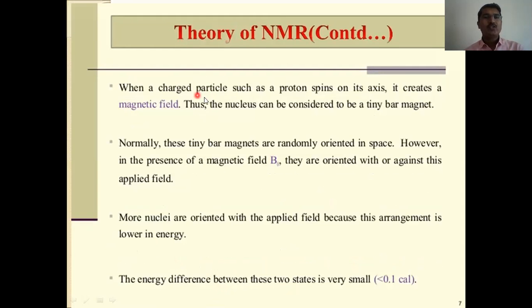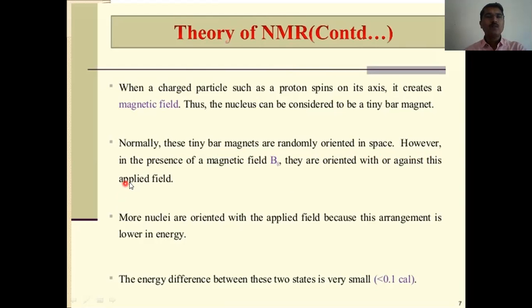When charged particles such as a proton spin on its axis, it creates a magnetic field. Thus, the nucleus can be considered to be a tiny bar magnet. Normally, these tiny bar magnets are randomly oriented in space.